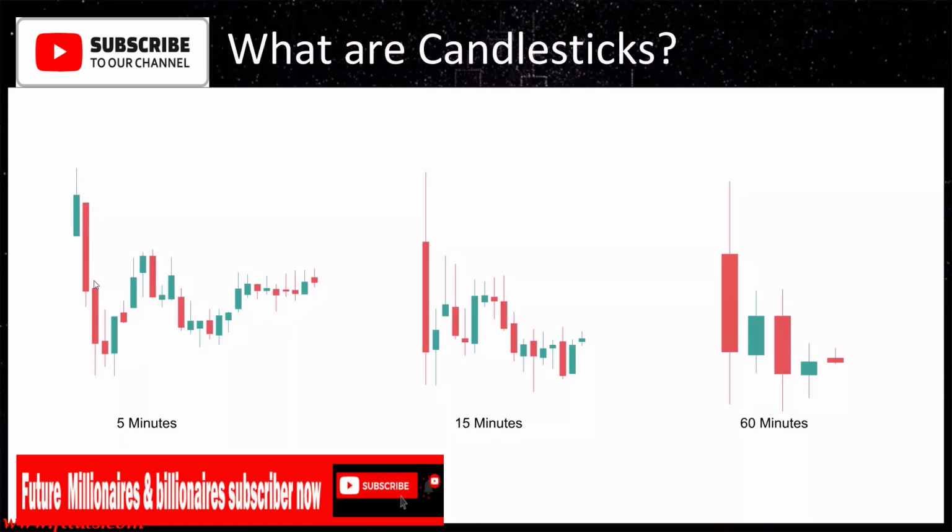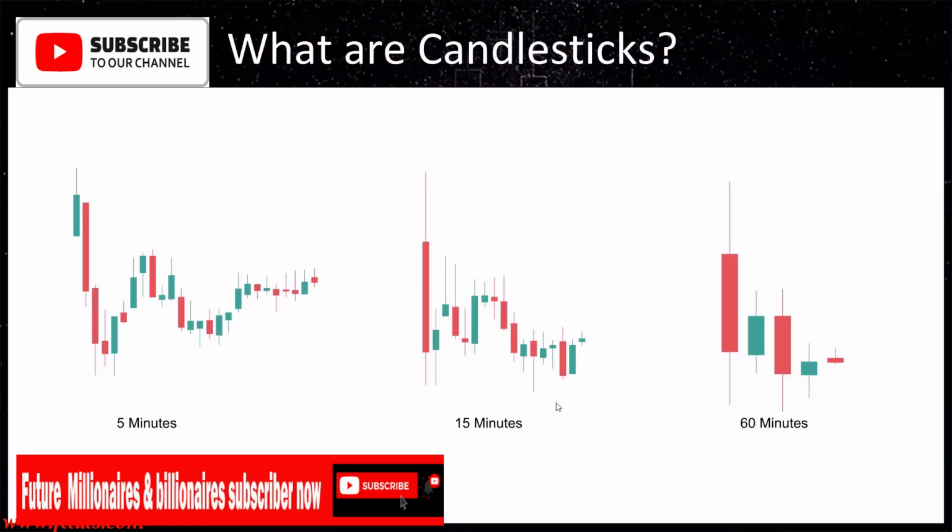So 1, 2, 3 5-minute candlesticks, total of 15 minutes. Now we take all of this information that's contained within these 5-minute candlesticks and we put it into this one 15-minute candlestick. It has the same high and the same low as the total of these candlesticks because it is these candlesticks.